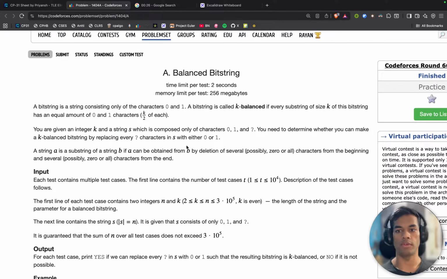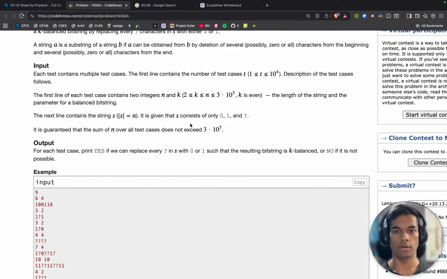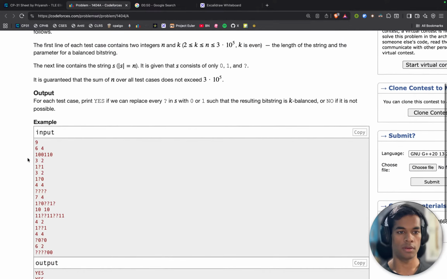You need to determine whether you can make a k-balanced bit string by replacing every question mark character in s with either 0 or 1. A string A is a substring of B if A can be obtained by deletion from the beginning or end. What if k is odd? K is even. Okay, k is always even.